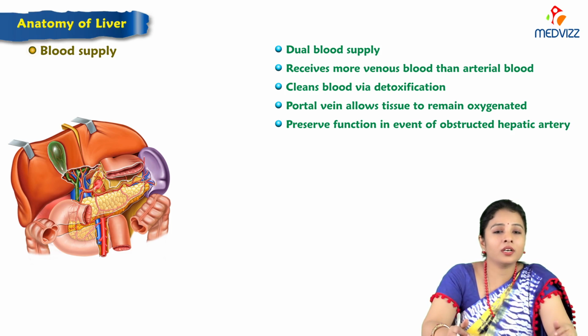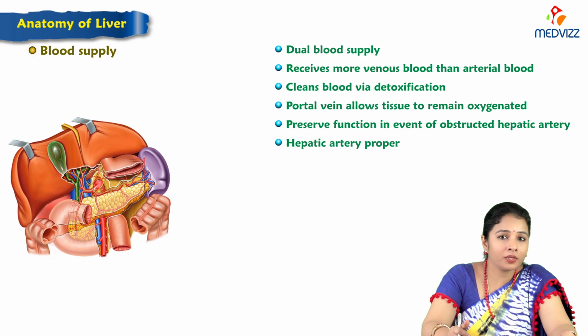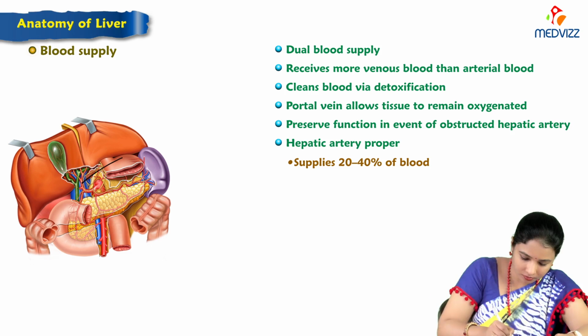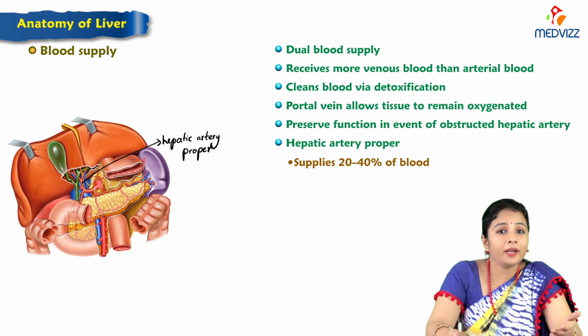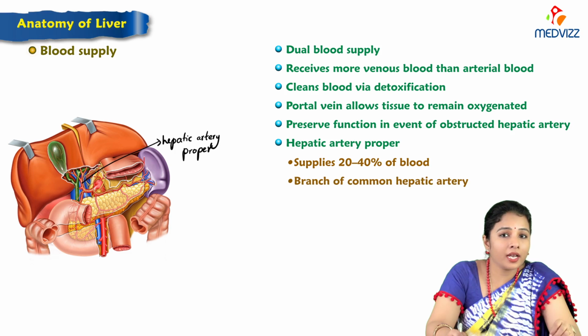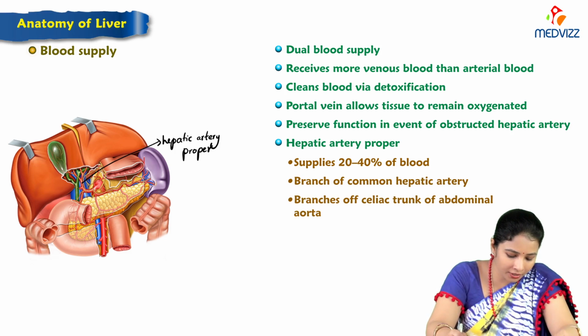The two vessels which supply the liver are, first, the hepatic artery proper, which supplies around 20 to 40% of the blood. The hepatic artery proper is a branch of the common hepatic artery, which branches off the celiac trunk of the abdominal aorta.